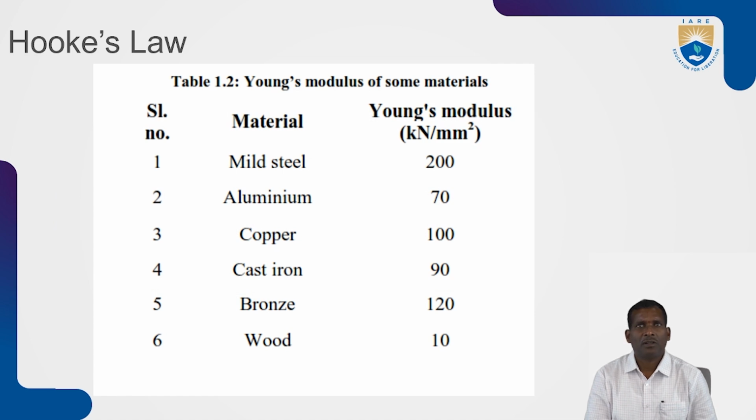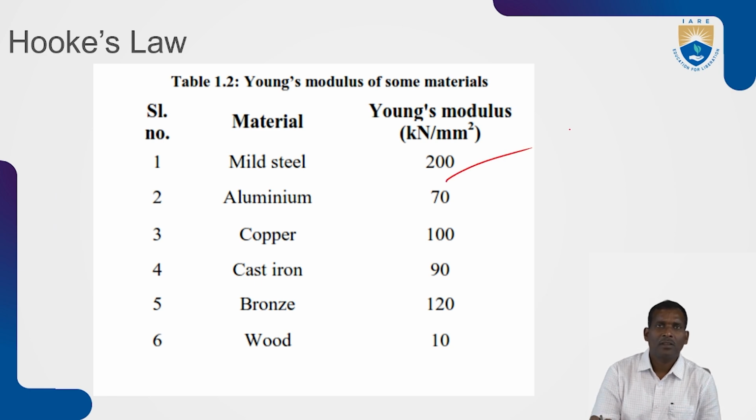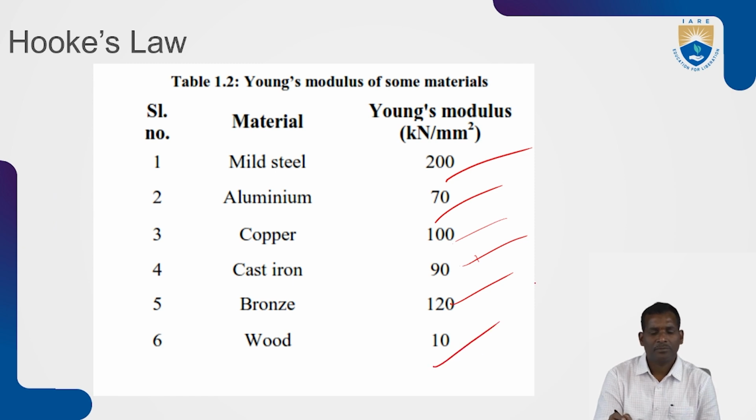So Young's modulus for some materials shown here: mild steel 200, aluminum 70, copper 100, cast iron 90, bronze 120, and wood is 10.